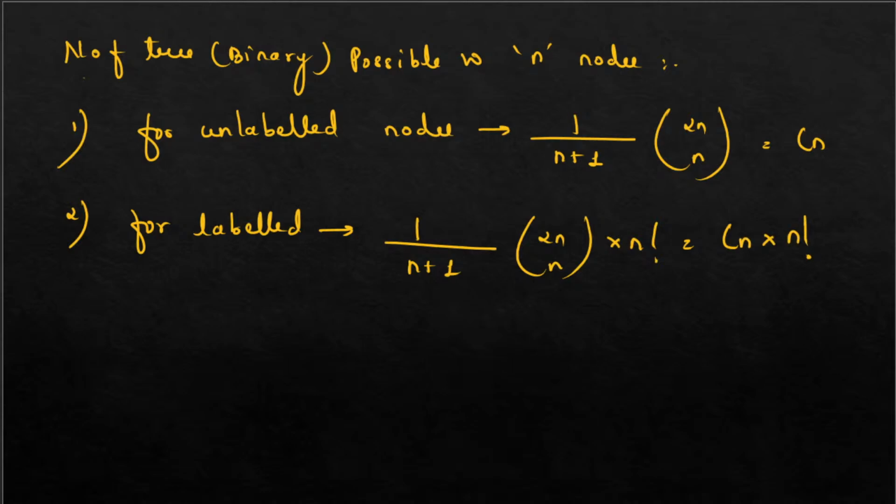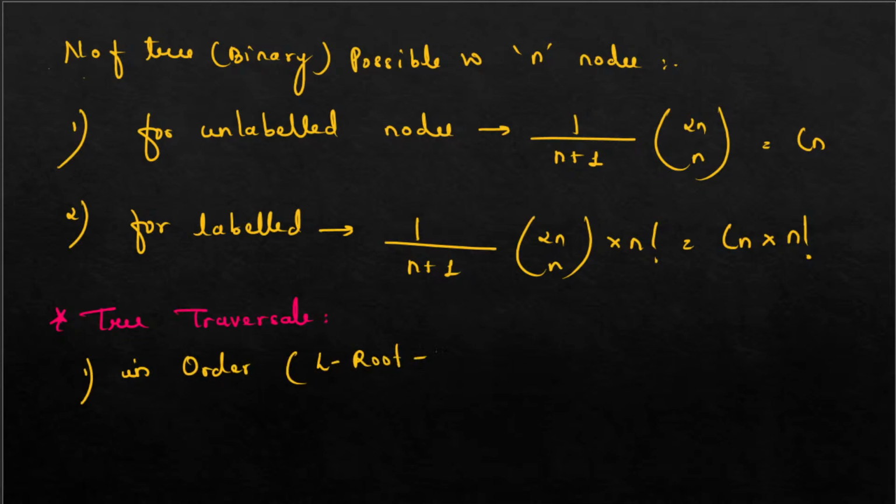Now let's discuss about tree traversal. Point is tree traversals. So tree traversal, first is in order, left, root, right. So let me take one example. In that I will tell.